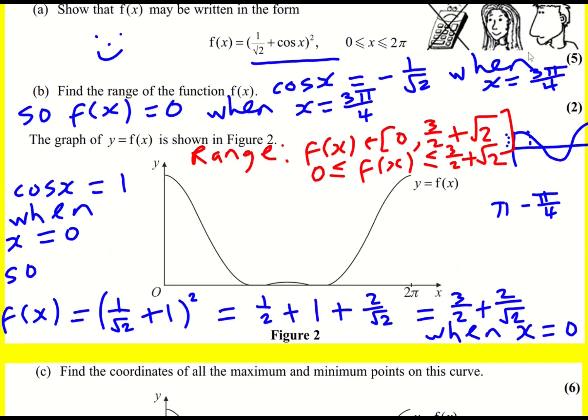But it is worth also thinking of where else it's 0. Let's just look at it. We've got pi here, so it's going to be pi plus pi over 4, which is 5 pi over 4.